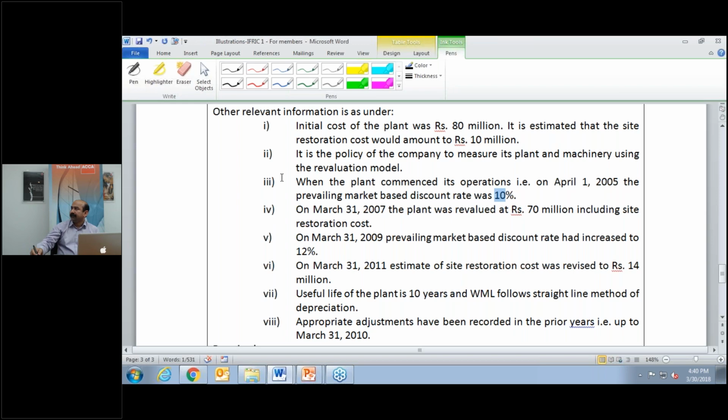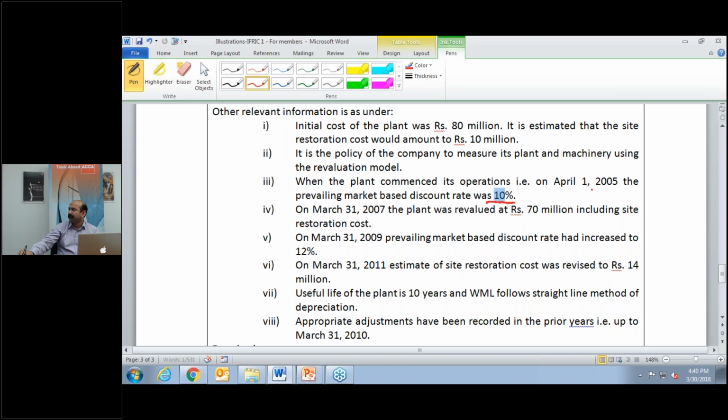Okay. See, initial cost is 80 million and restoration cost is 10 million. And when we bought this asset on 1st April 2005, this is the date when we bought this asset. This is the decommissioning liability, and this is the initial budget.